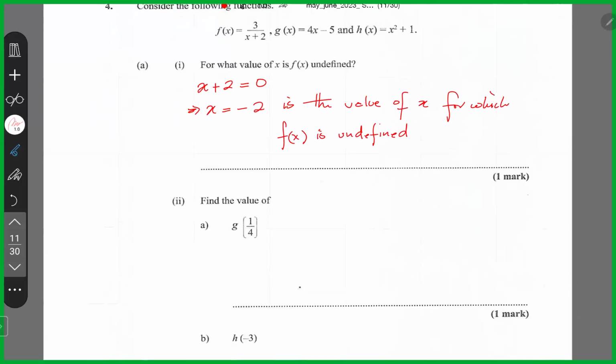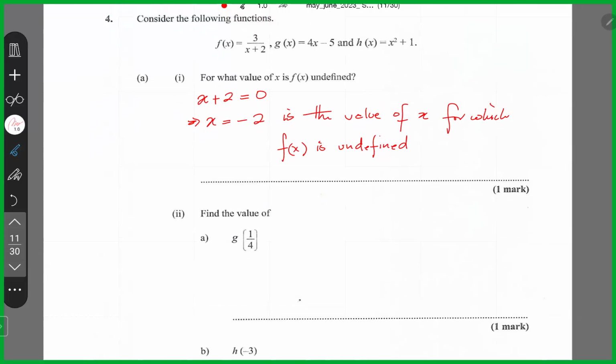Now we're to find the value of g of a quarter. Well, g of x is equal to 4x minus 5. So g of a quarter is saying to me, in g, wherever I see x, I must take out x and put a quarter.